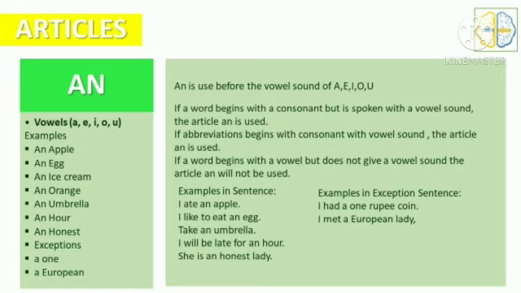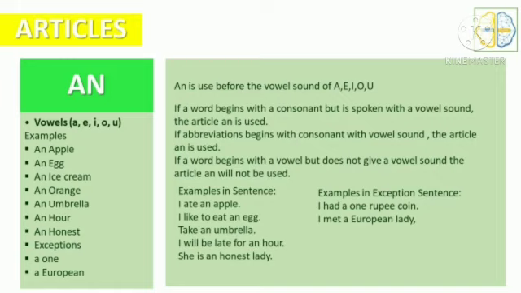A, E, I, O, U. Okay. If the word begins with a consonant but is spoken with a vowel sound, the article an is used. Got it? Look at the examples.